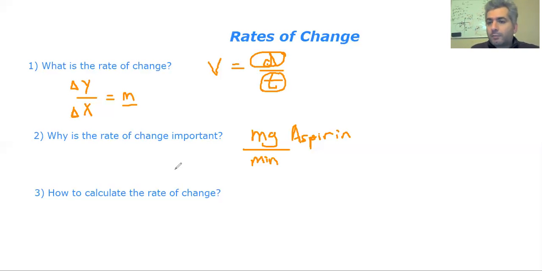Or if we look at two companies growing, one company could be growing at a much faster rate than another company, or how much a product is in demand. Initially it could be starting off with a high demand, so a high rate of change, high acceptance rate in society.